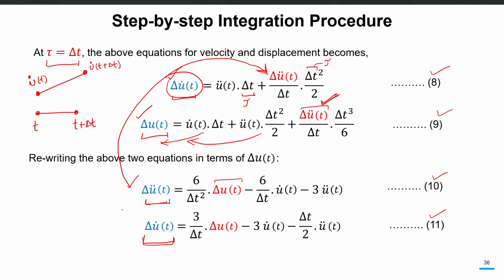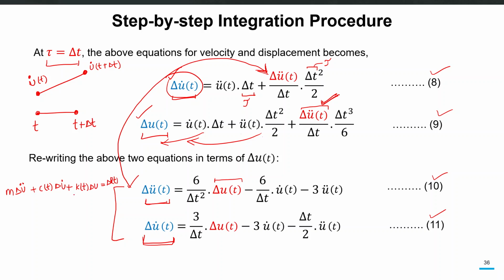Now why we have written these two equations 10 and 11 in this form: you can see here that the change in acceleration and change in velocity both can be written as a function of change in displacement, delta u. So if you remember our incremental form of the equation, it was this: m delta u dot dot plus c of t delta u dot plus k of t delta u equal to delta p of t.